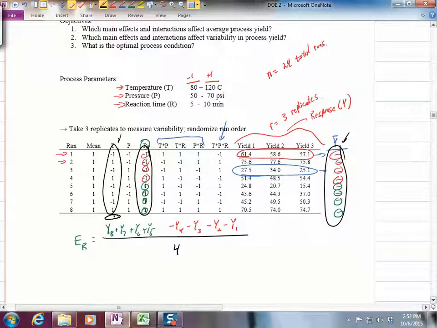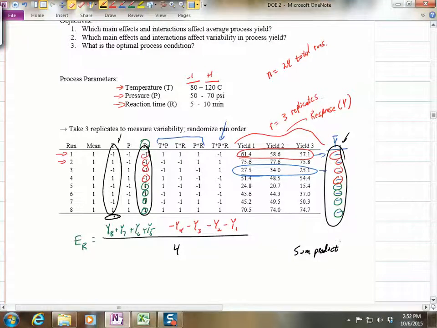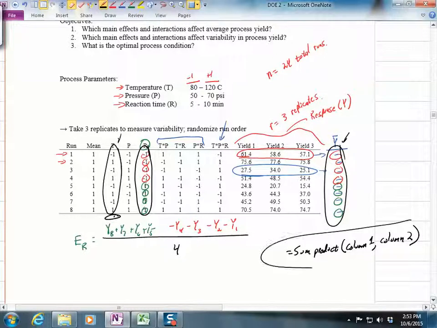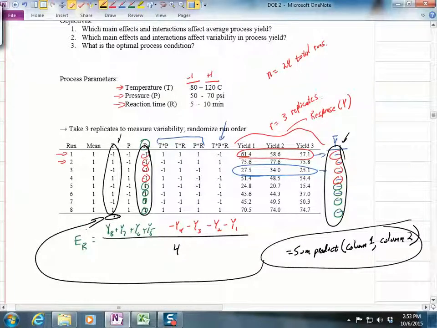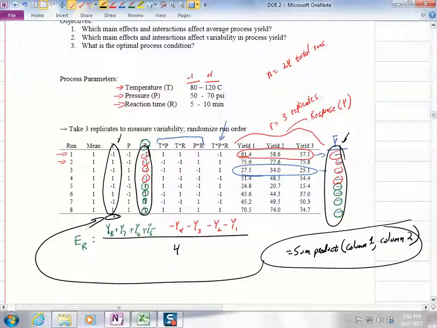That's called, I should have asked if anyone's ever used it, sum product. You just highlight the columns. You might want to put an equal sign in there for Excel. That's the function in Excel that gives you the numerator. You divide by 4, and then you've got the effect.